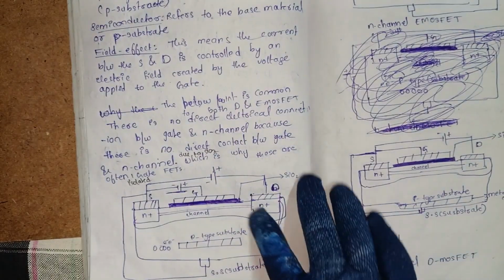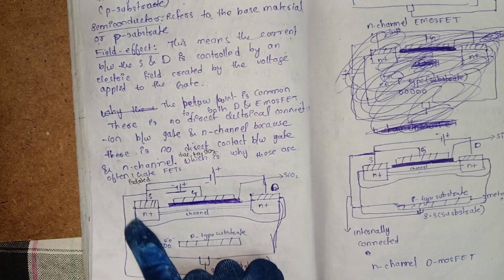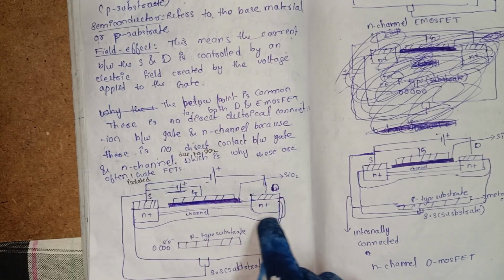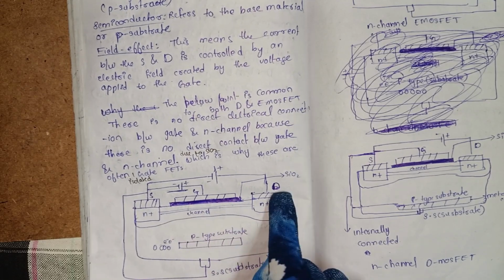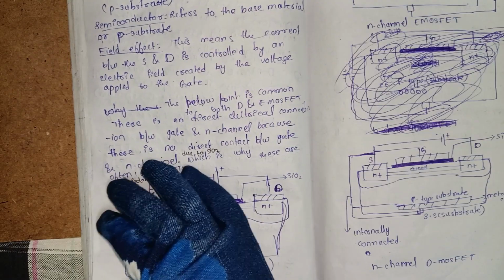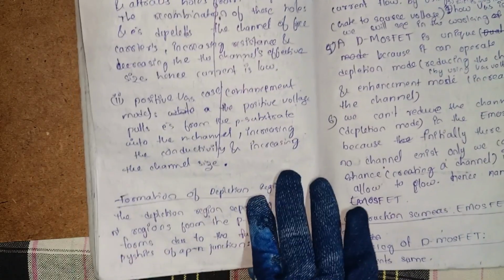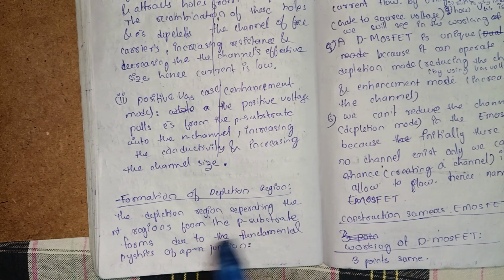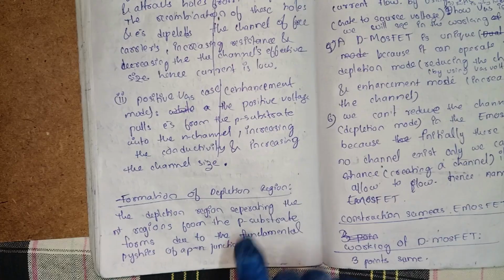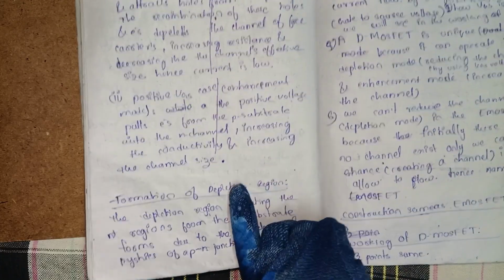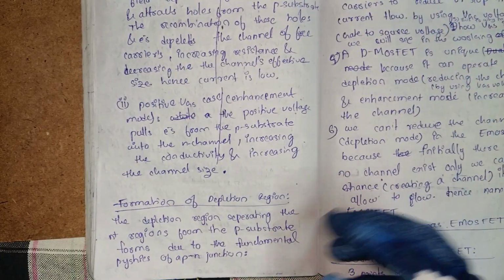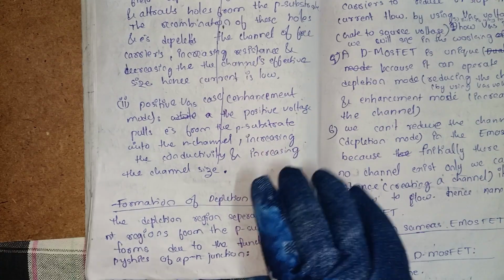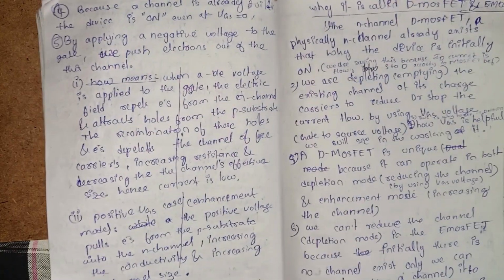Here the depletion layers, this line indicates the depletion layer. The depletion region separating the n plus regions from the p substrate forms due to the physics of the p-n junction, a reverse biased p-n junction.